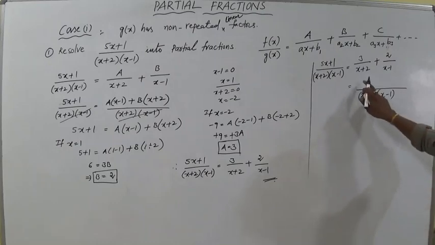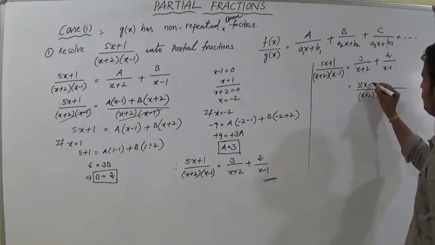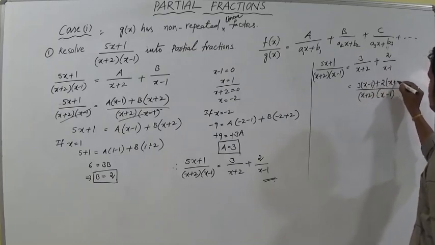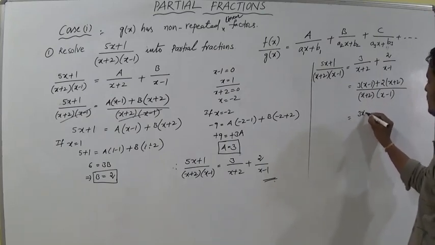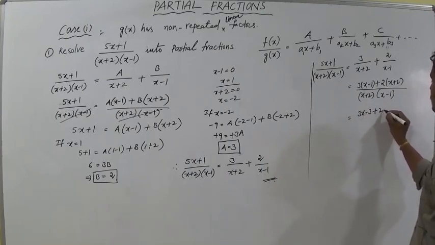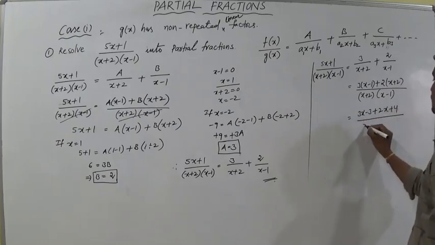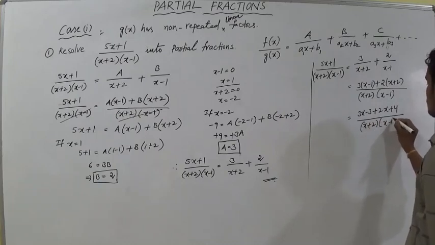In the first term we have x plus 2, so we multiply with x minus 1. So 3 into x minus 1 plus 2 into x plus 2. Now multiply: 3 into x is 3x minus 3, plus 2 into x is 2x plus 4, by the denominator x plus 2 into x minus 1.